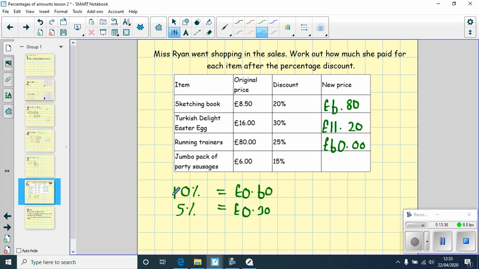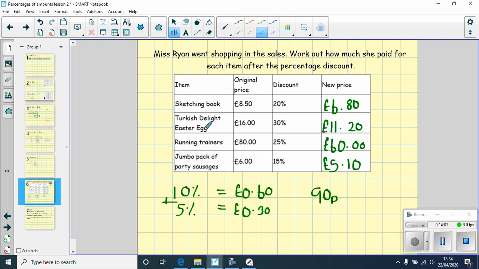So 15% is 60 pence plus 30 pence, which is 90 pence. That doesn't go in the answer though, does it? Because that's how much discount she got. She got 90 pence off them. So £6 take away 90 pence. I could do that in my head, but if you're not sure, do your working out. I know that's £5.10.